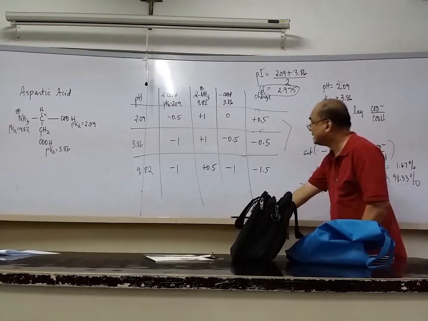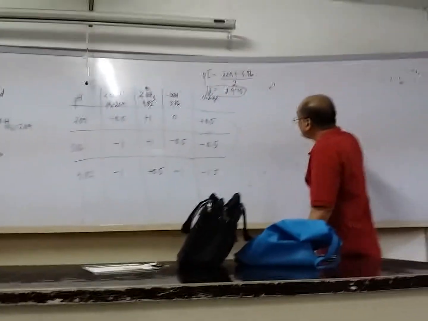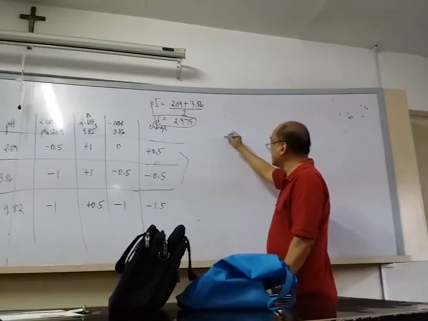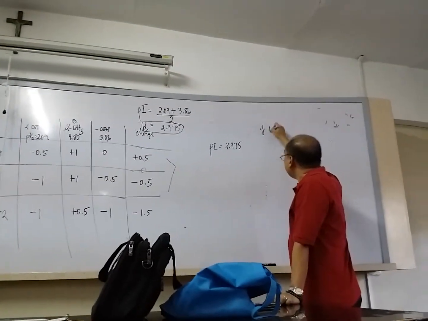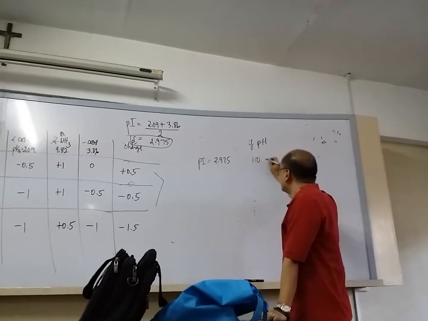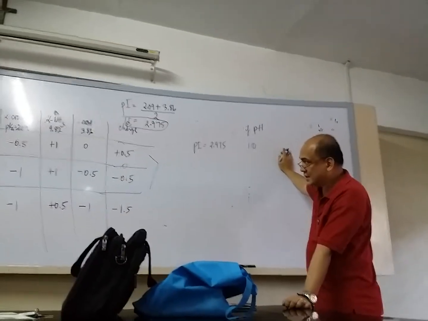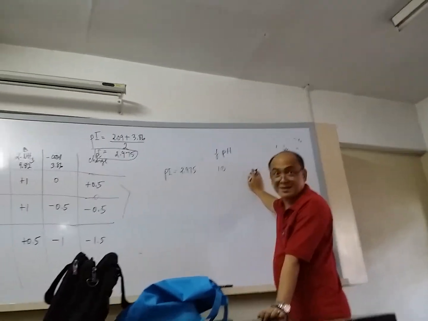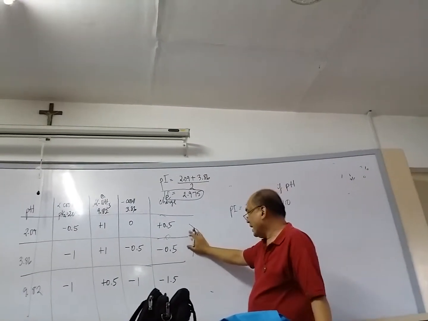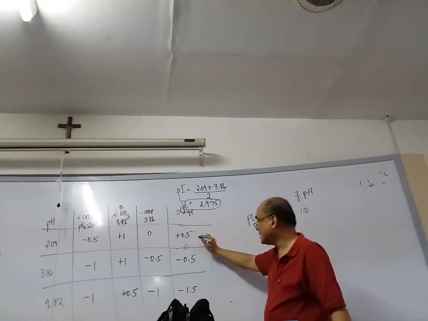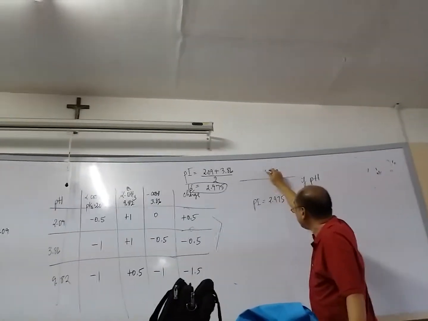Okay? And then, halimbawa, the PI of this is 2.975. If, for example, the pH of the solution is 1.0, what is the charge? Itong dalawang ito, kasi in the middle of these two, pag tinignan mo plus 0.5, minus 0.5, sa Cartesian coordinate, is 0.